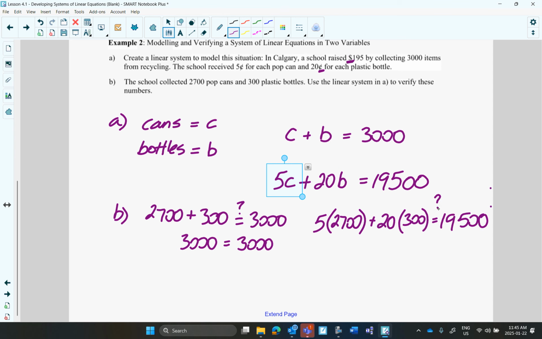So I'm going to have to use a calculator to make sure that's right. 5 times 2,700 is 13,500. This is 6,000, so 13,500 plus 6,000. And if you use a calculator, it will work out to 19,500. So we're verified. Life is good.